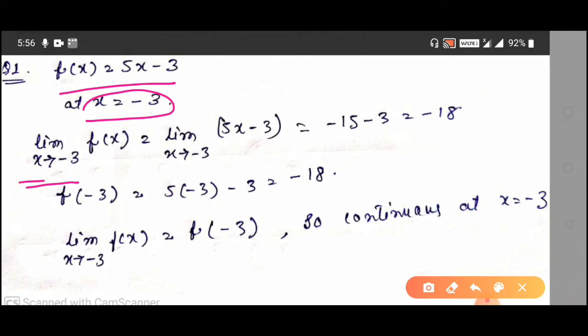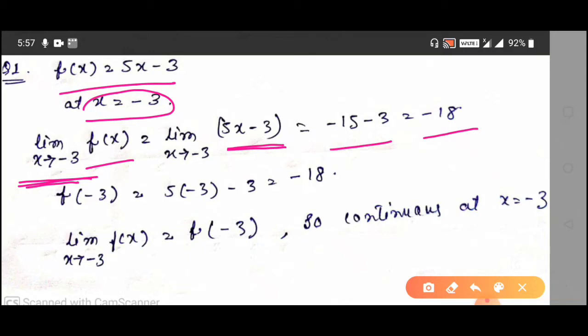That is why we have written here limit x tends to minus 3 of f(x). Now the value of f(x) is 5x minus 3. We will put here 5x minus 3. Now we will write minus 3 in place of x and it will become minus 15 minus 3. So our answer is minus 18.